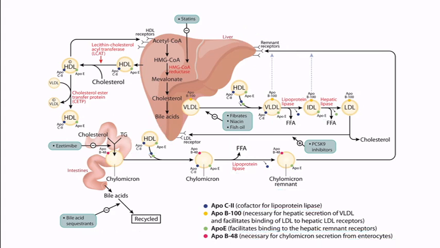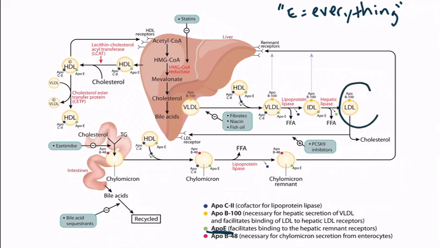Keeping these apolipoproteins straight can be challenging, so let's discuss a few mnemonics. First, ApoE can be remembered by thinking of E for everything. In other words, ApoE is on almost everything in this figure except for LDL. Notice that ApoE is on chylomicrons, chylomicron remnants, VLDL, IDL, and HDL. The E also helps me think of the word remnant.